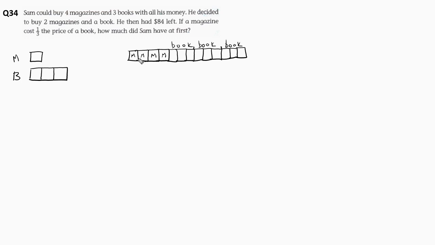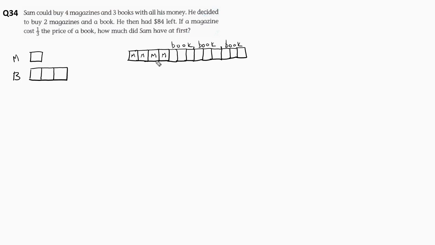Okay, that's 4 magazines and 3 books, and that would have been all his money spent. But he didn't do that. He only bought 2 magazines and a book, and that meant that he had $84 left.